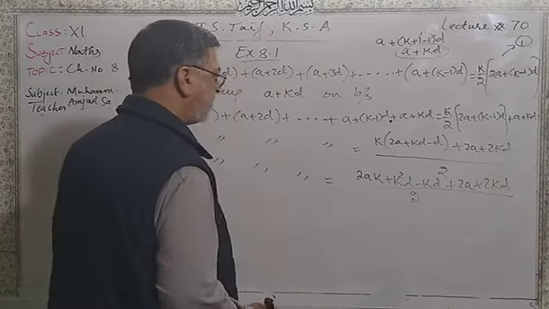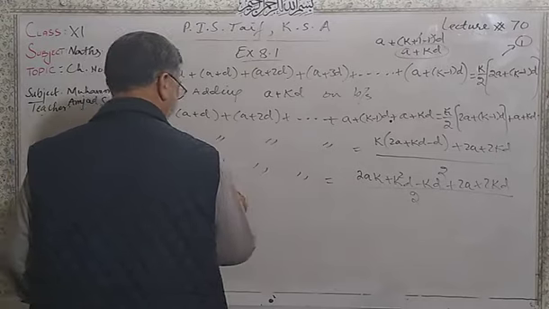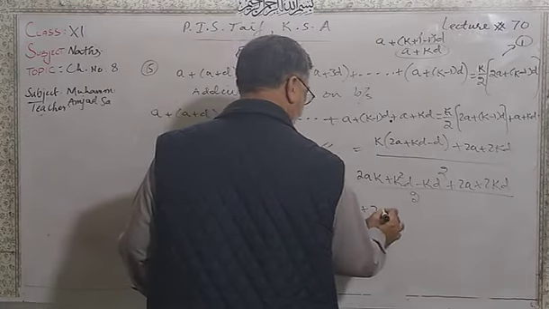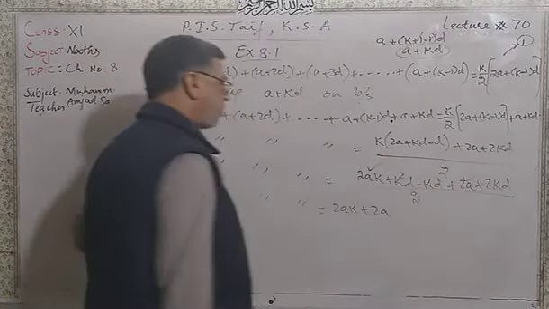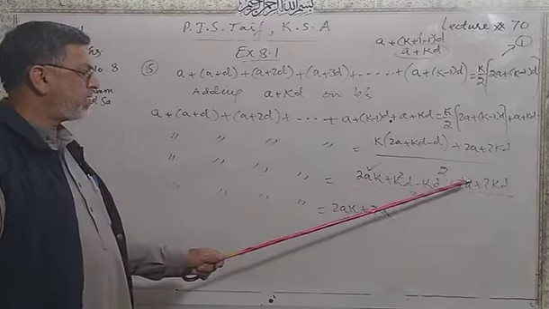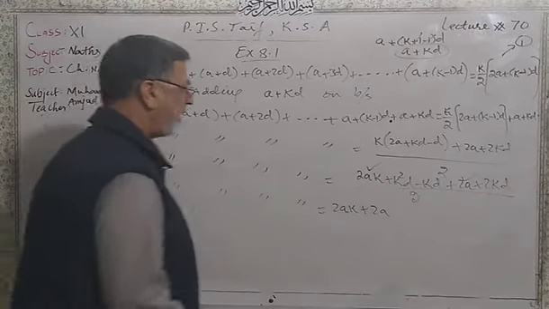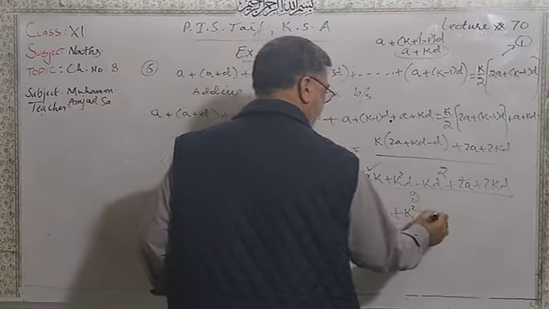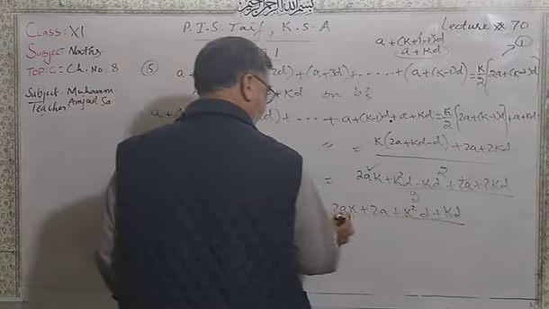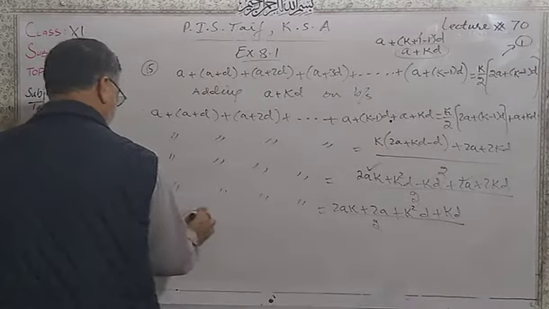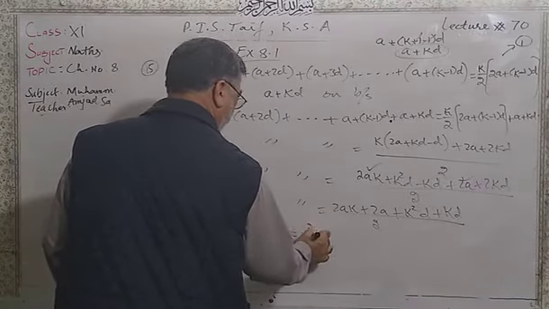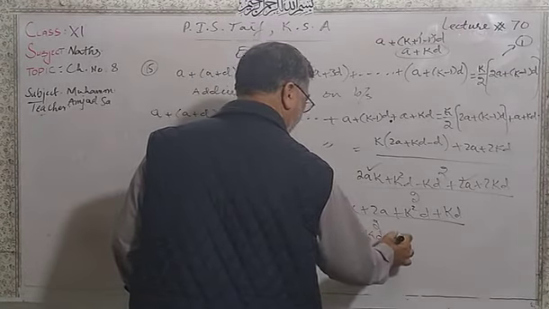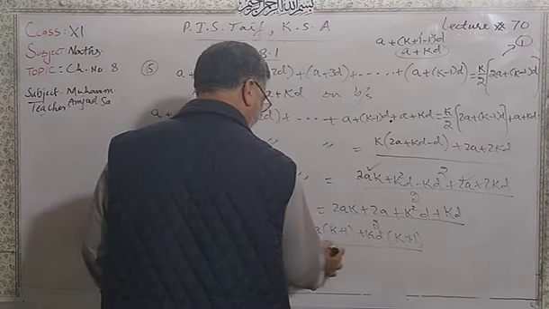Dear students, you can have 2ak plus 2a plus k square d plus 2kd minus kd, this is plus kd, whole divided by 2. So we have 2a common k plus 1 plus kd common k plus 1 whole divided by 2.